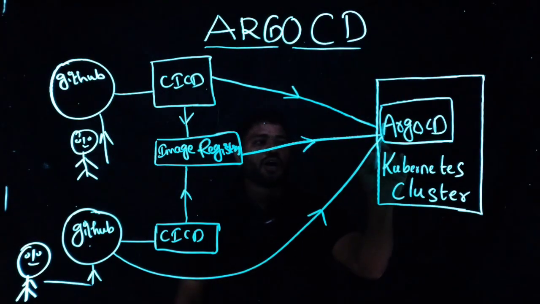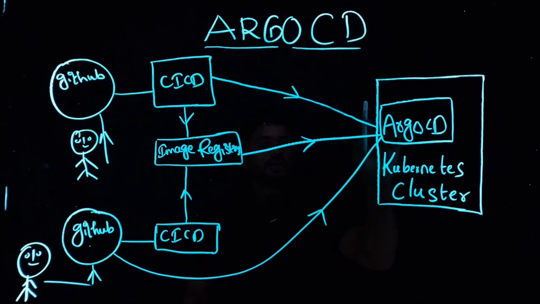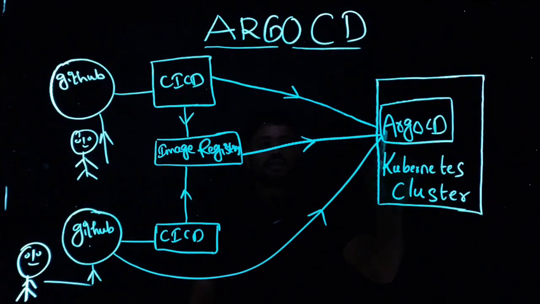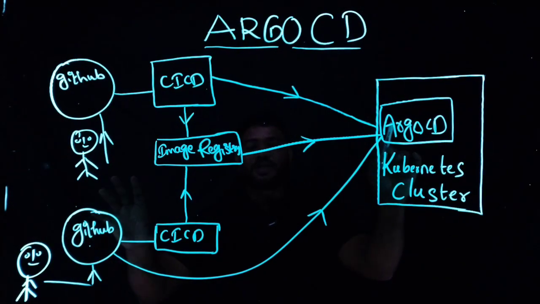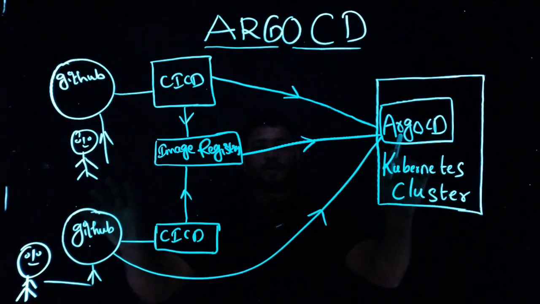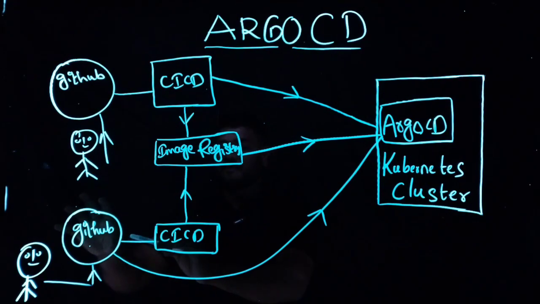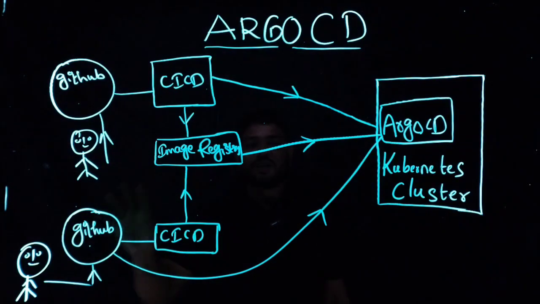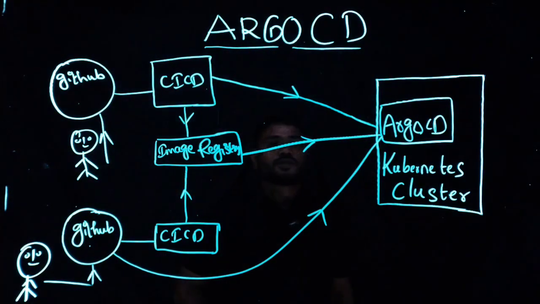You just install ArgoCD on top of Kubernetes, and you tell the ArgoCD tool, hey ArgoCD, I have a GitHub repository placed over here, and this is my URL. Keep watching my GitHub repository 24/7. Is there any small commit that has happened? Just take the manifest file from GitHub and apply it on my Kubernetes cluster.